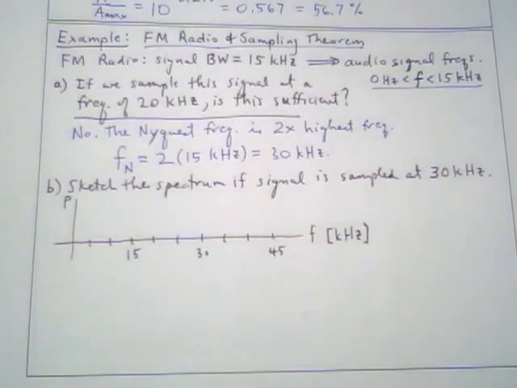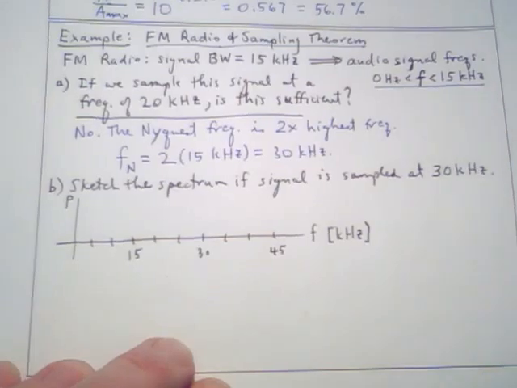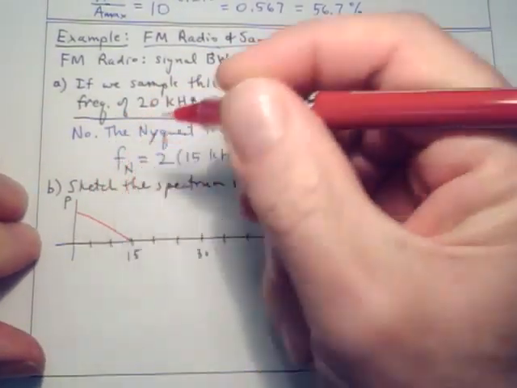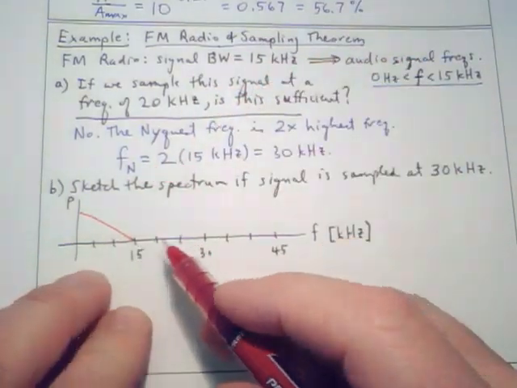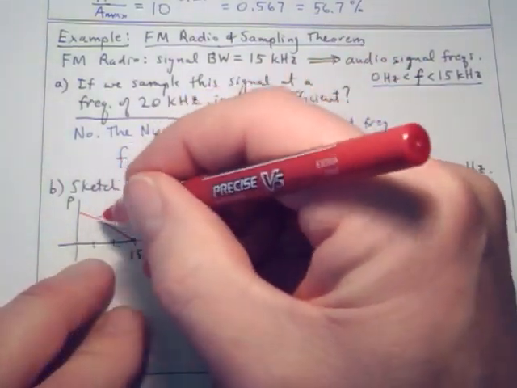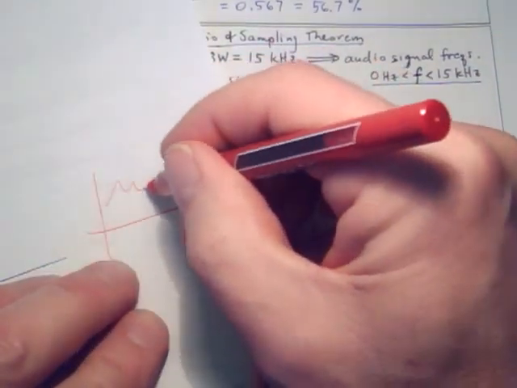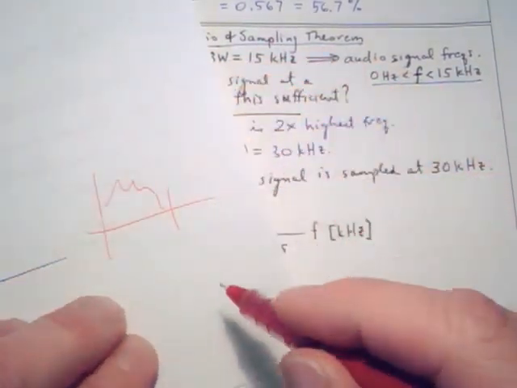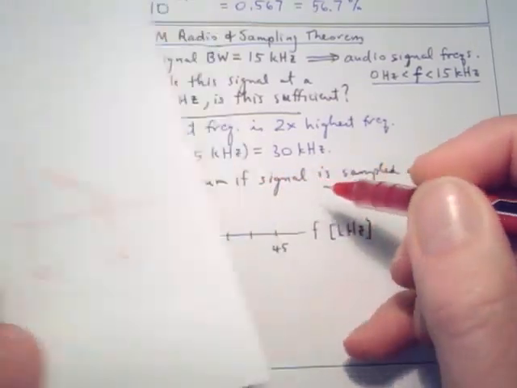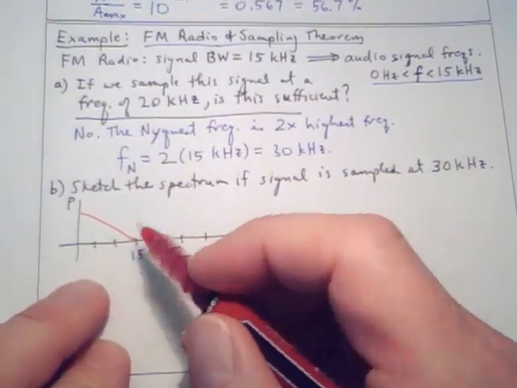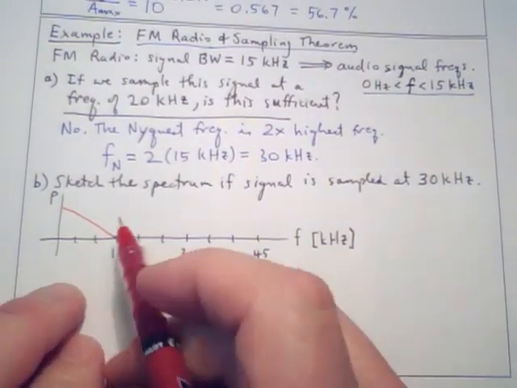If my signal occupies the range from 0 to 15, I'll draw my signal to look like this. We could draw any kind of squiggly line we like for our signal to occupy that 0 to 15, but drawing this triangle helps us keep track of an inverted spectrum versus a non-inverted spectrum.